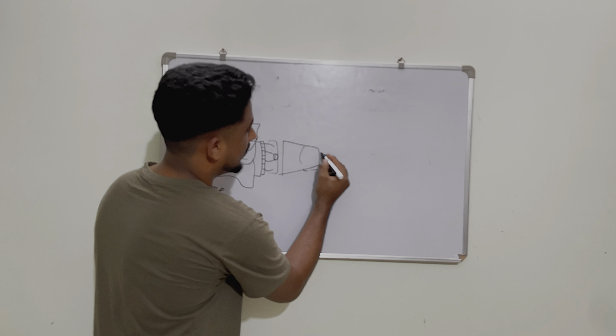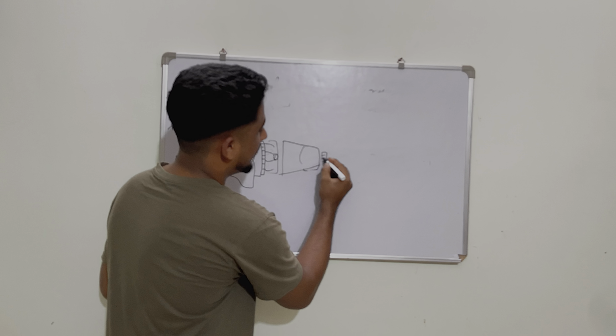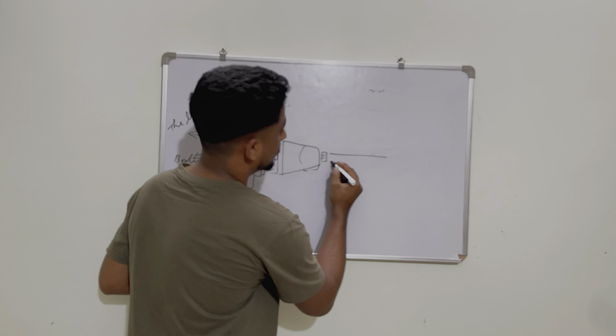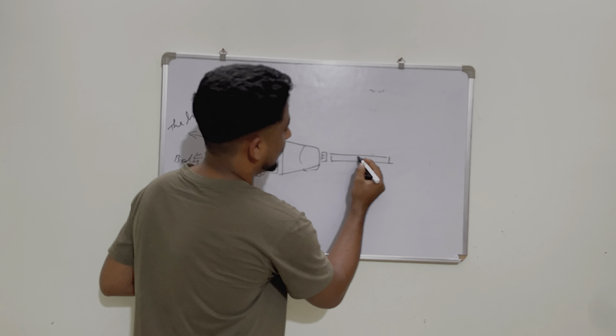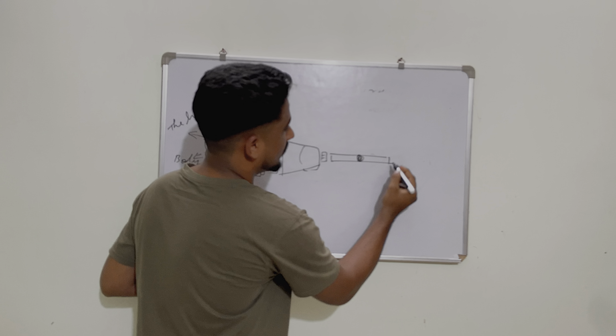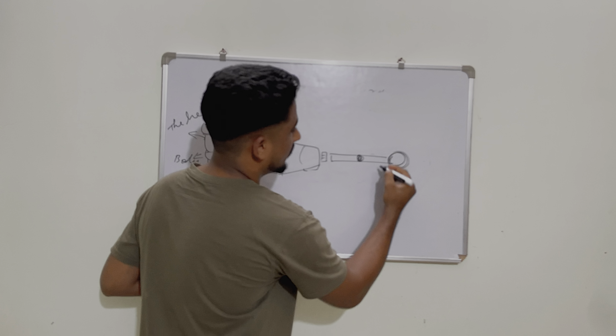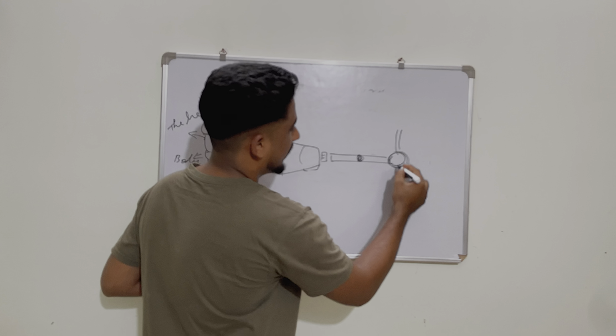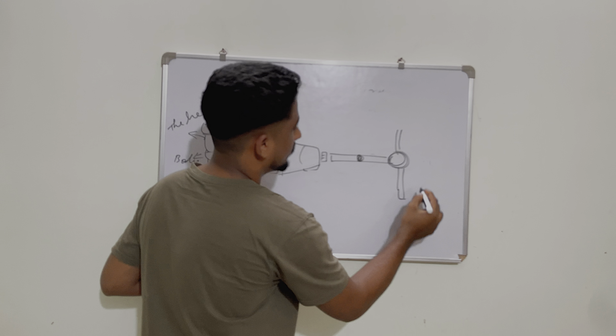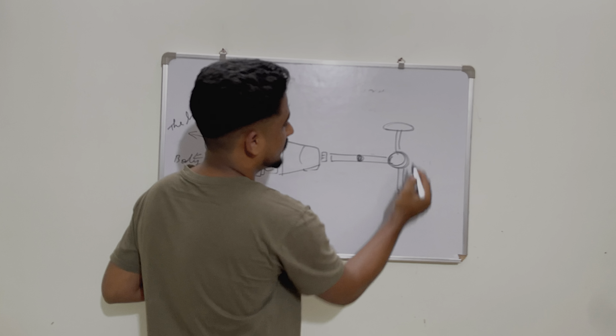Here comes the spider joint, and here comes the propeller shaft, and there will be a universal joint here, and here will be the differential, and these are the axles. And suppose these are the wheels.